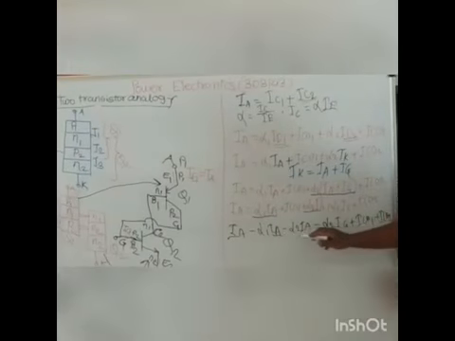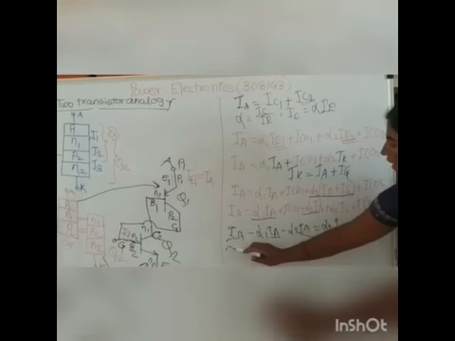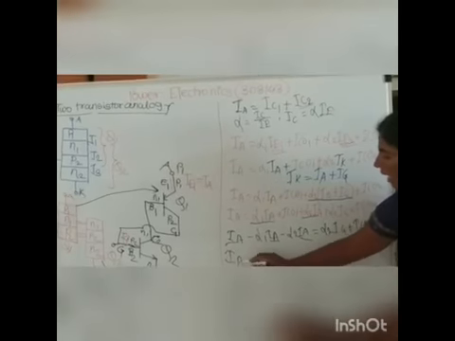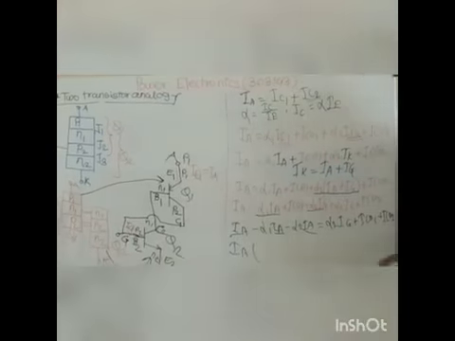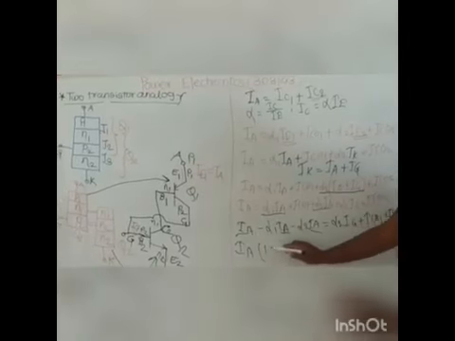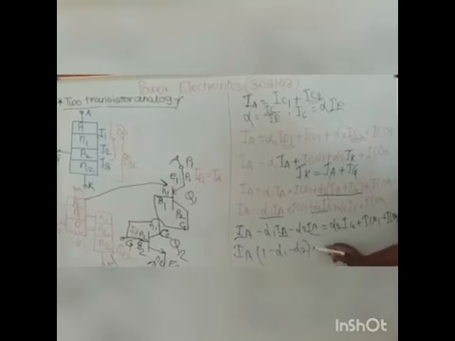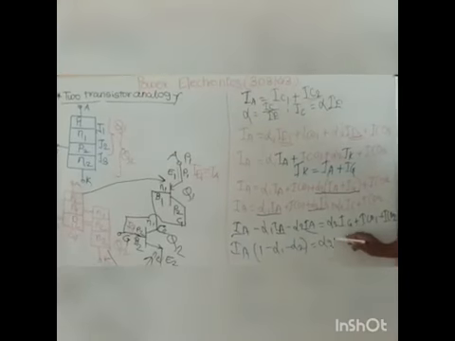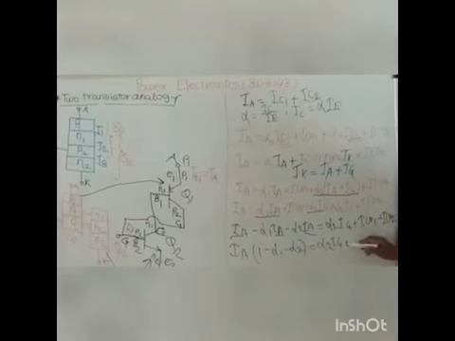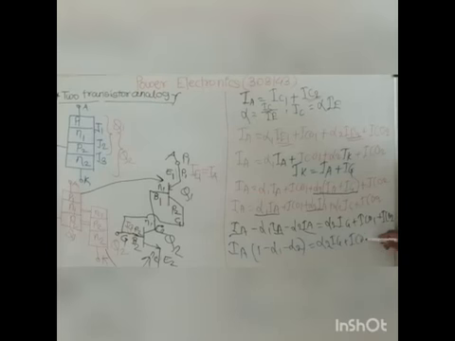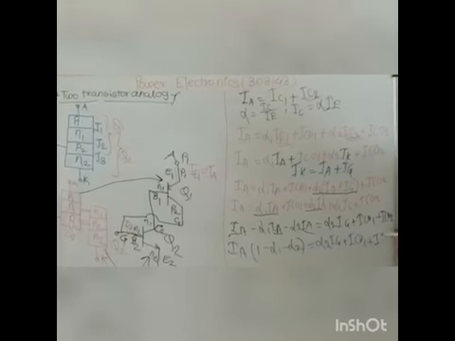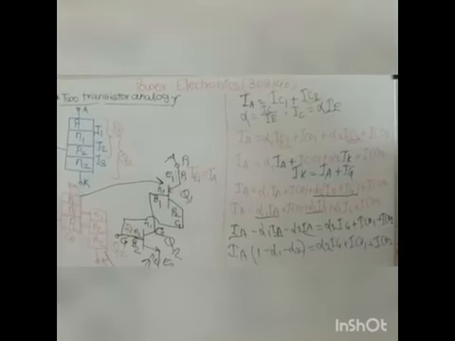Now take the common term, that is IA. IA is the common term, so you will get IA in bracket, the remaining terms, 1 minus alpha 1 minus alpha 2, is equal to alpha 2 IG plus ICO1 plus ICO2. Right?